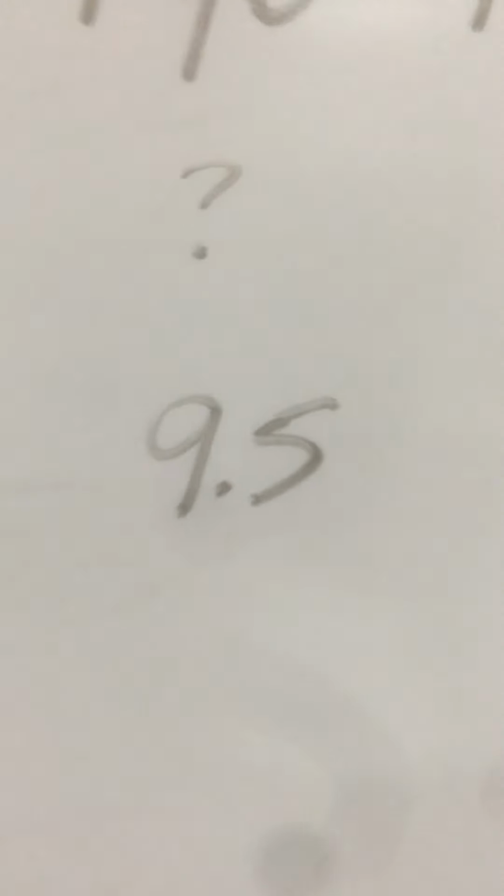So the number that falls on the number line between 9 and 10 is, drum roll, right? It's really 9.5. And I like thinking money. So if I had $9 here and $10 there, the number that would fall in the middle is 9.5. So if you think of it in these terms, it might be more helpful.